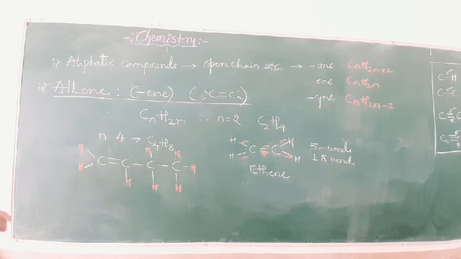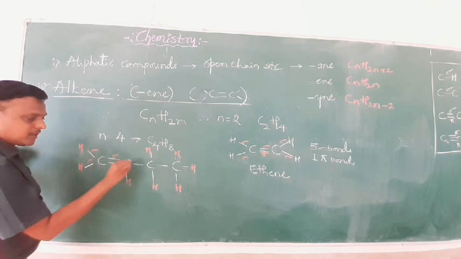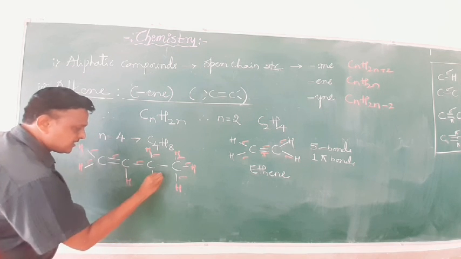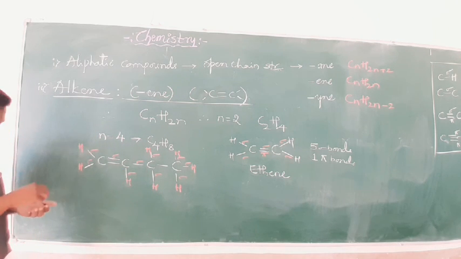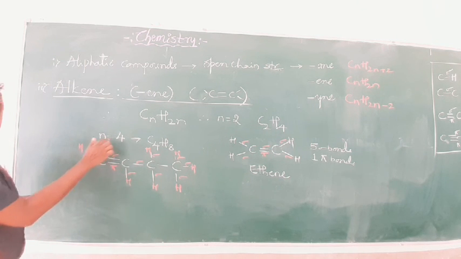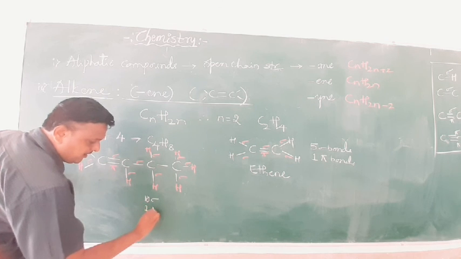And then our target, the sigma bonds: 1, 2, 3, 4, 5, 6, 7, 8, 9, 10 sigma bonds and 1 pi bond. This compound butene involves 10 sigma and 1 pi bond.